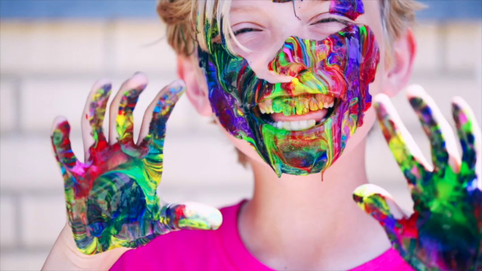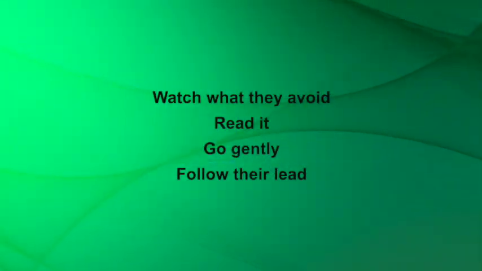Within a week he was playing with paint. He was a 5-year-old, this little boy. Within 3 weeks he was doing art and craft at school. He'd never done anything sensorily tactile like that before. So watch what they avoid, read it, go gently, follow their lead, and you can help children develop more acceptance and strength in their sensory systems.